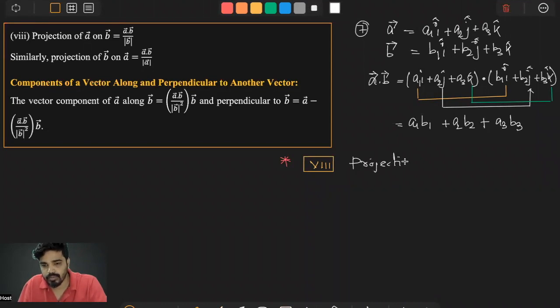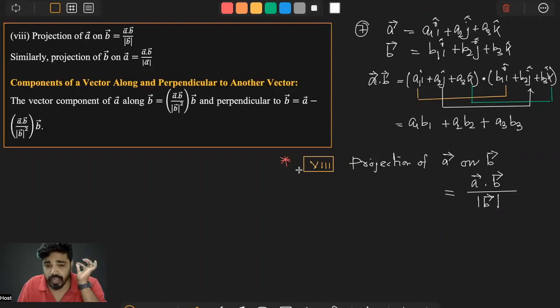Projection of a on the vector b is a dot b divided by modulus b. Projection of a on b, so this is a dot b divided by modulus b. Do this star mark. It is a very important property. Based on this, last year in the WB SLST exam this question was given, we will discuss the problems, okay? So do this star mark.